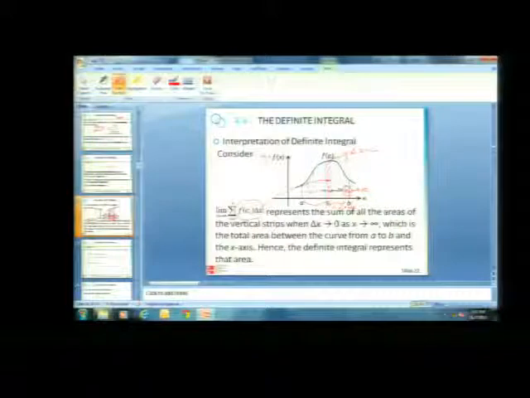We divide the interval into an infinite number of vertical strips, and then we sum up the area of each vertical strip. That's what this limit means.